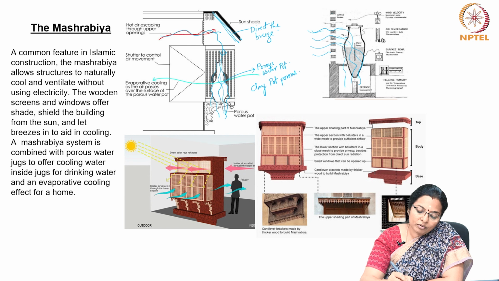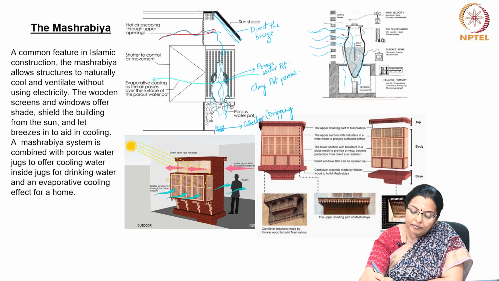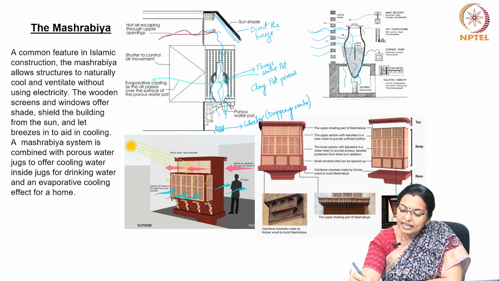There is a small element to collect water that could drip from the pot. So this is a collector for dripping water. And there is a provision for the cool breeze to enter the room.